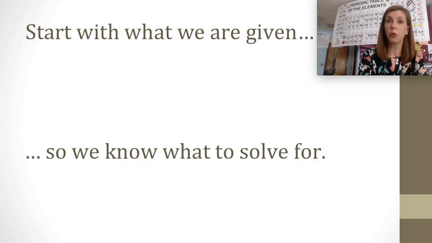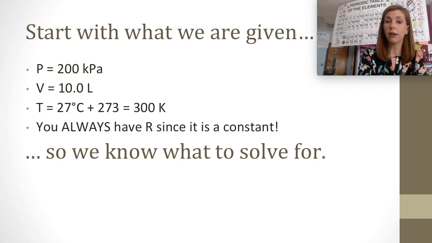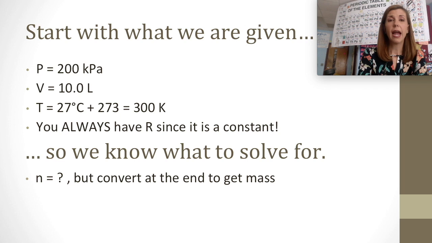So we're going to start with what we're given. We're given a pressure in kilopascals, we're given a volume of 10 liters, and we're given a temperature of 27 degrees Celsius. And remember, for every degree C, add 273. That will give us our Kelvin temperature. Our R is constant. And then n is what we need to solve for. However, we're going to need to convert it to mass at the end.